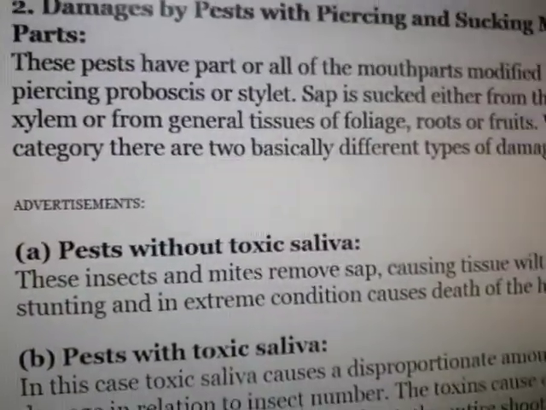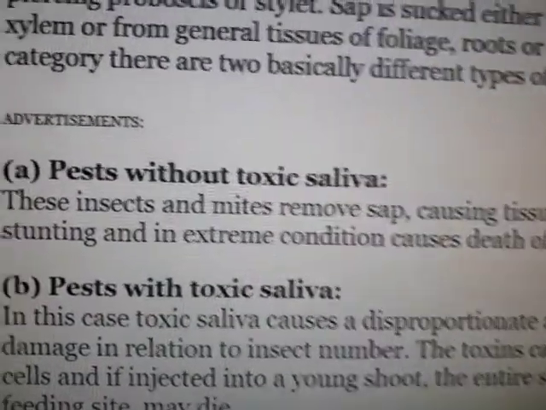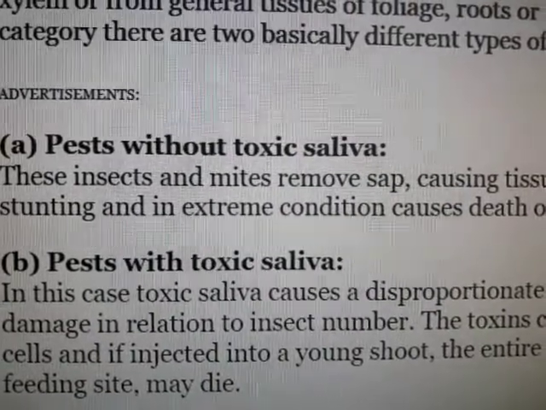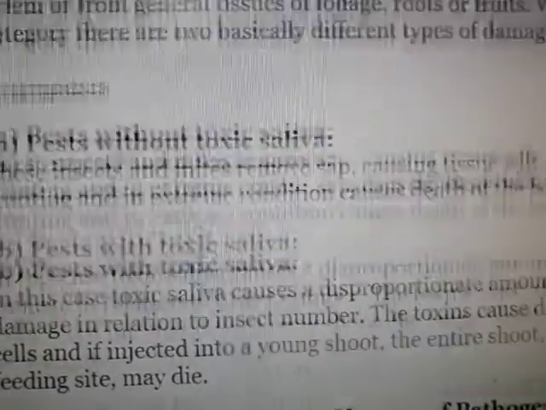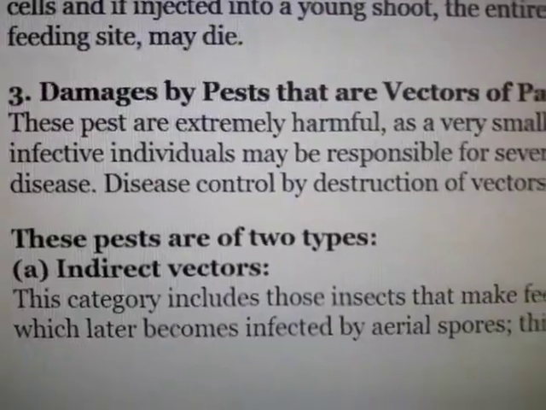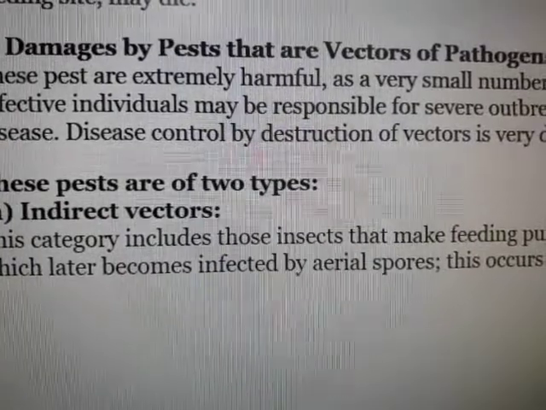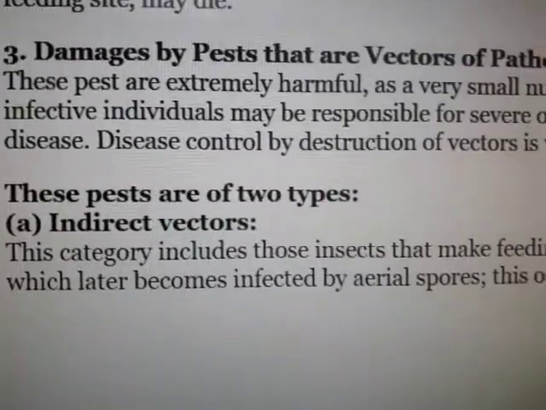Piercing and sucking type of mouth parts, the pests without toxic saliva and with toxic saliva. And the damages by the pests that are vectors of pathogens.